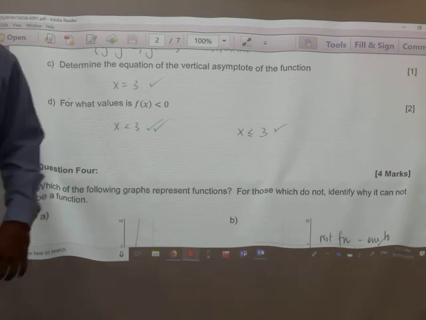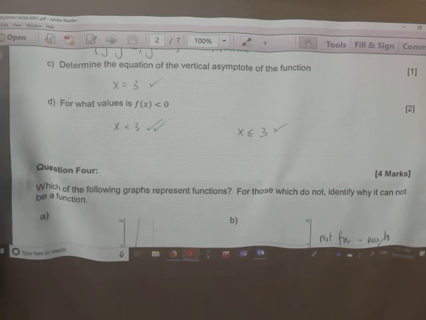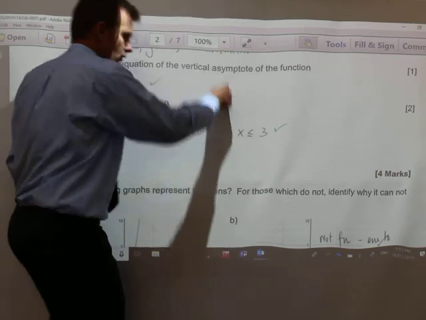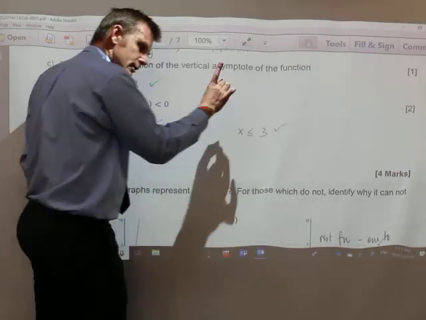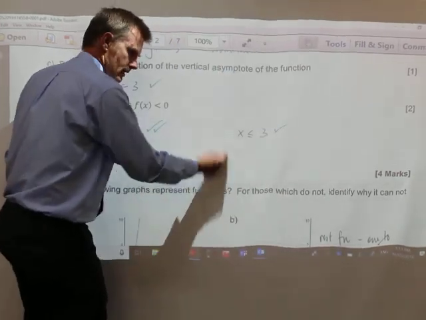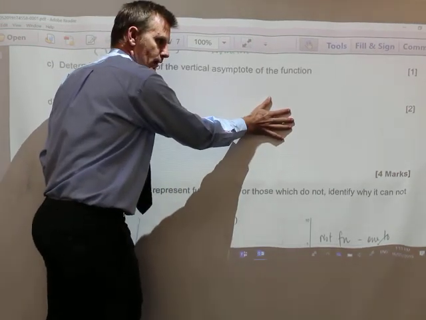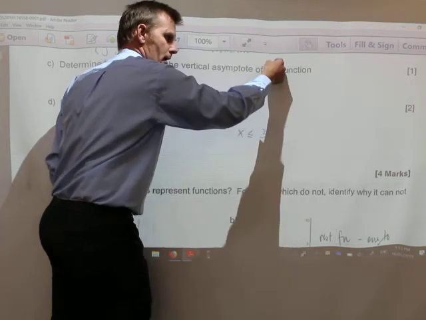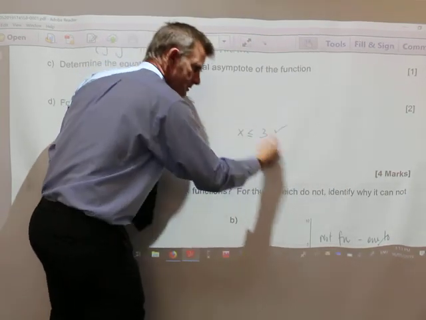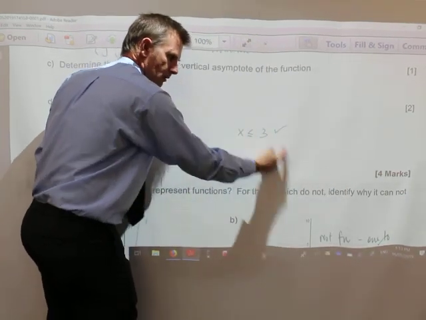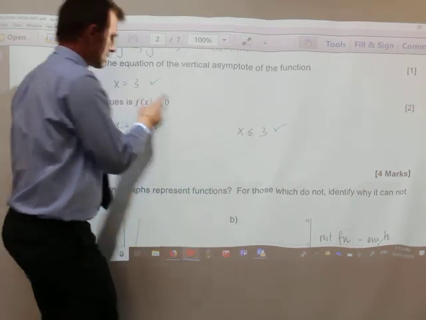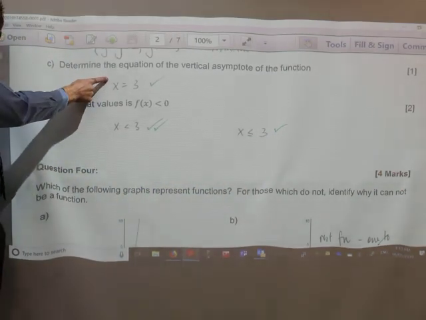And for what values is x less than 0? Well, if we remember, we've got a graph here. Originally, it would have been here and here, but then we moved it 3 units across to the right, didn't we? So this part's all above the axis, but this part is all below the axis, isn't it? Below the x-axis. So it's just a rewording of this.